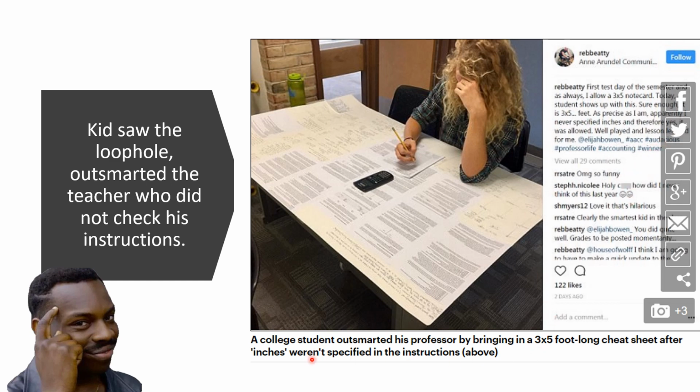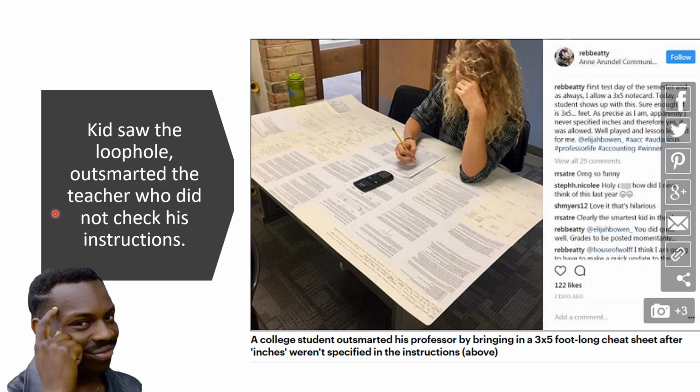So you see, a college student outsmarted his professor by bringing in a 3x5 foot instead of inches long cheat sheet after inches was not specified in the instructions. So this happened in real life, and because of the teacher's mistake of not reviewing his instruction, somebody outsmarted him.